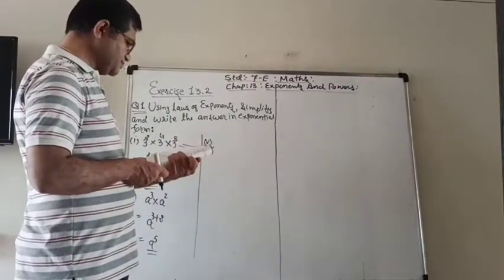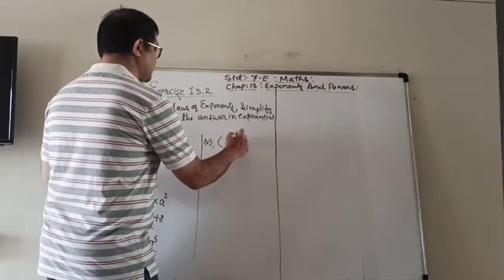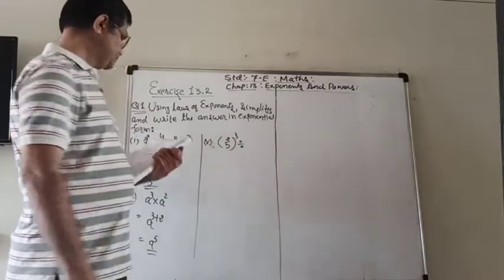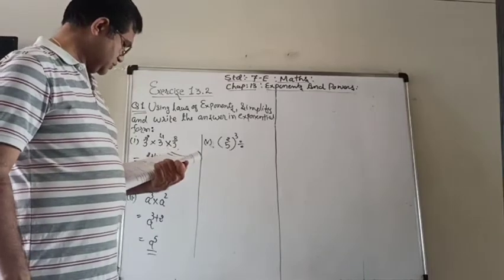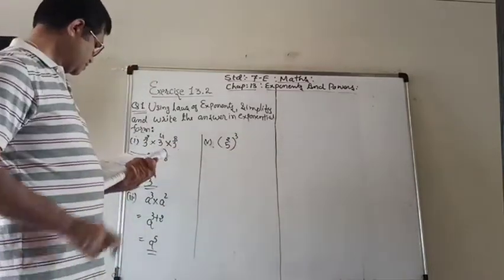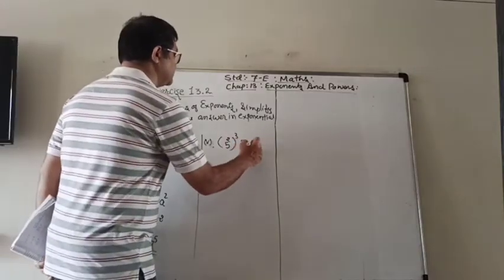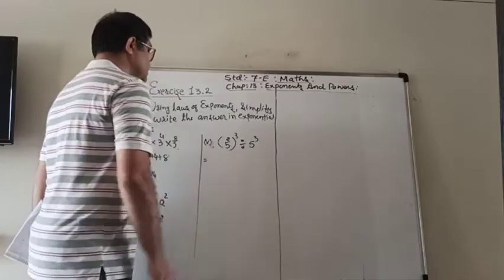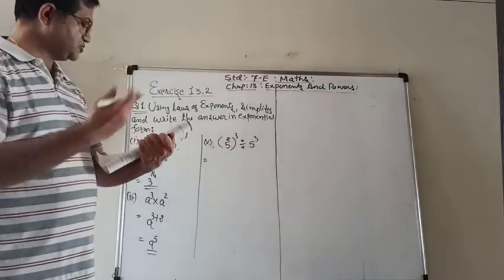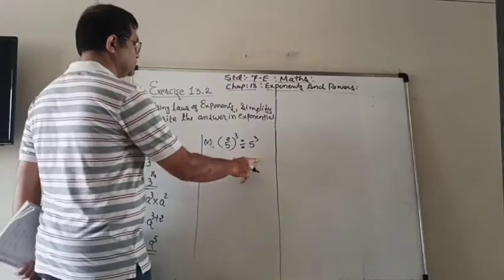Fifth one is 5 squared and again cubed, divide by 5 cubed. 5 raised to 2 raised to 3 and divide by 5 cubed.